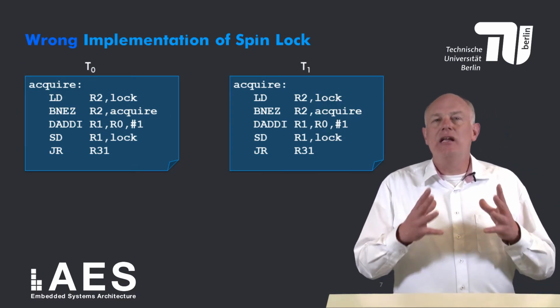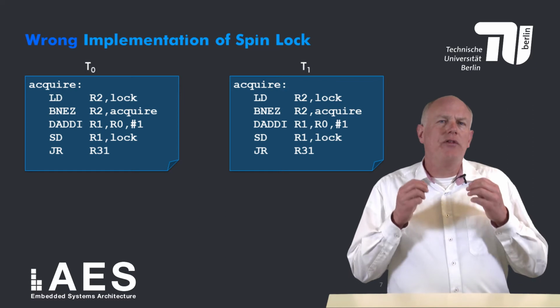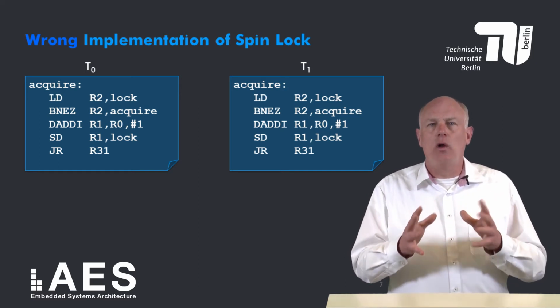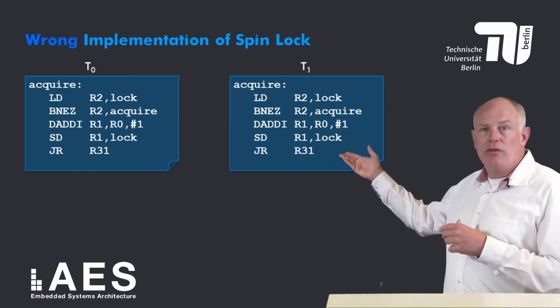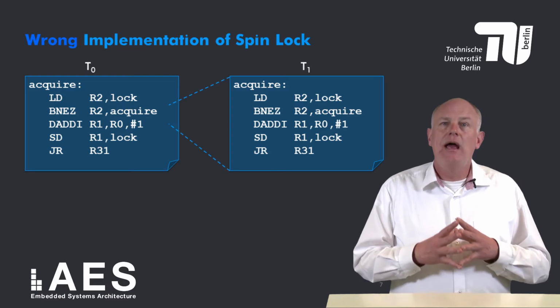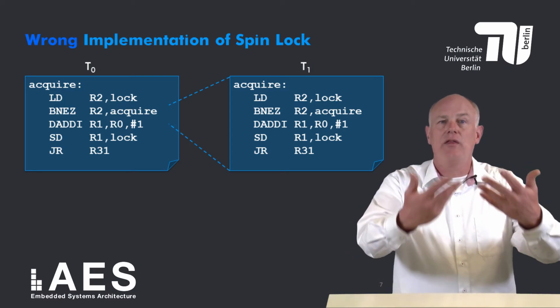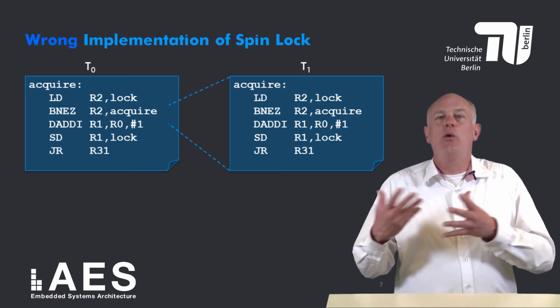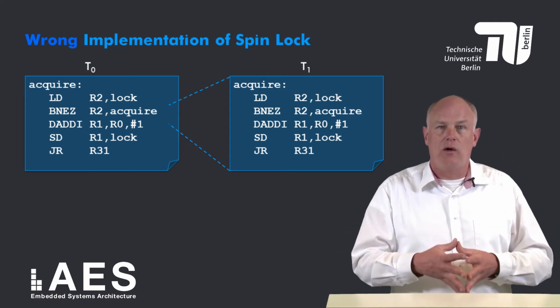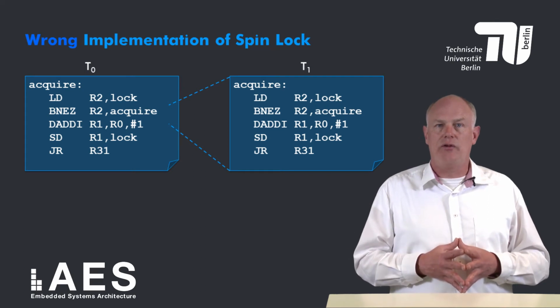Here I again illustrate why the implementation of the acquire operation is wrong. Two threads simultaneously call and execute the acquire function. Anytime before thread T0 has set the lock by storing the value 1 to it, thread T1 is executed and loads and observes the old value of the lock and also thinks it is free.